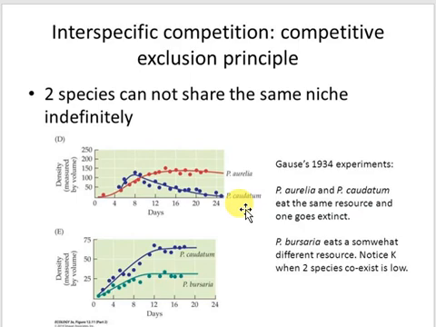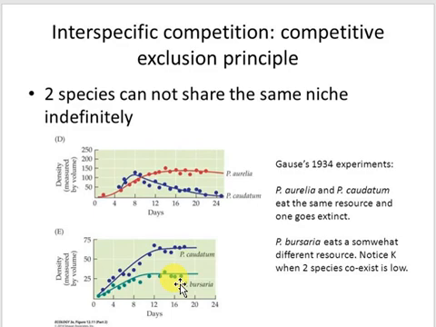So that was how that principle came into being. The experiment was also an interesting example for looking at realized versus fundamental niches. In a culture of caudatum and bursaria, you see them coexisting with one another.